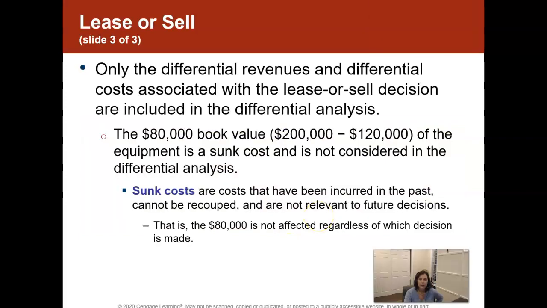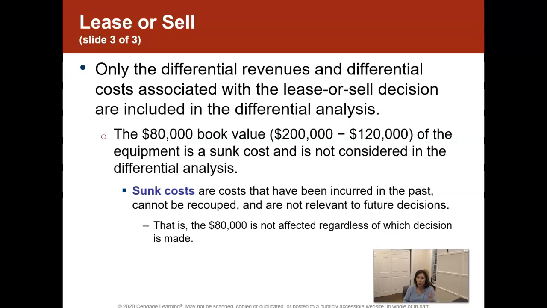Now, you might be saying to yourself, well, hey, you didn't talk about anything related to what we paid for this item, the costs, and you would be correct. And why is that? Well, regardless of the alternative we choose, we can't rewrite history. So what we paid for it, the depreciation that we've taken, that's all in the past, and that's referred to as sunk costs.